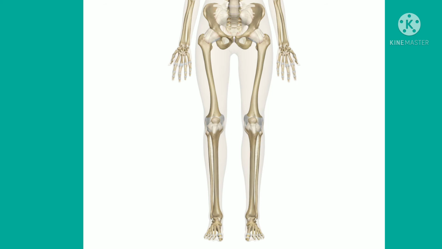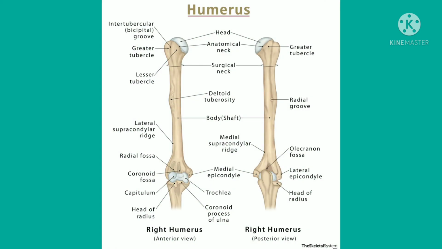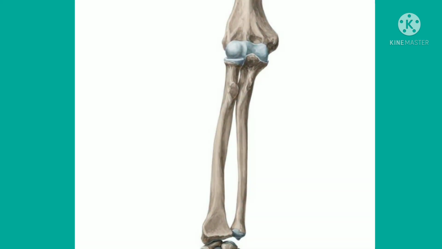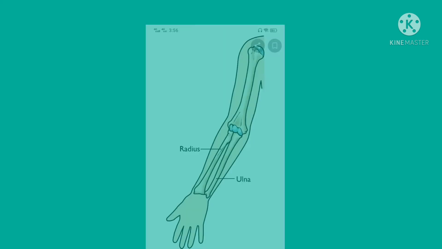The appendages found in the lower extremities are composed of pelvic bones. Pelvic bones support the lower parts of the body and aid the movement of the legs. The upper arms have one long bone called the humerus, and the two bones of the lower arm are called the radius and the ulna.